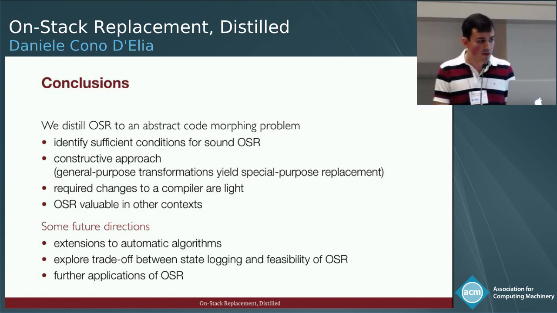And finally, we are thinking about further applications of OSR. In particular, I'm working on a project on dynamic diversity for software obfuscation. For obfuscation, there is a commercial compiler that is able to generate statically a number of equivalent versions of the same function, and at runtime, it will pick different versions of it in order to hinder reverse engineering attempts.